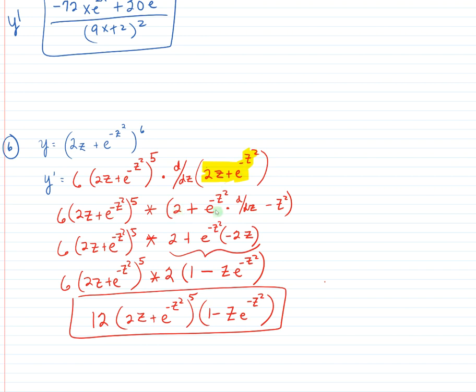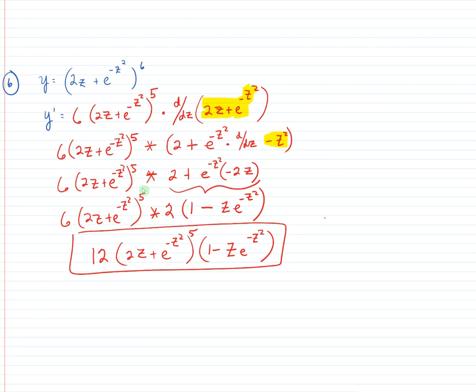Now here I've got the original, e to the negative z squared, times the derivative of negative z squared. So I have another little derivative there. All right, now still got this over here, got 2 plus e to the negative z squared. The derivative of this is negative 2z.